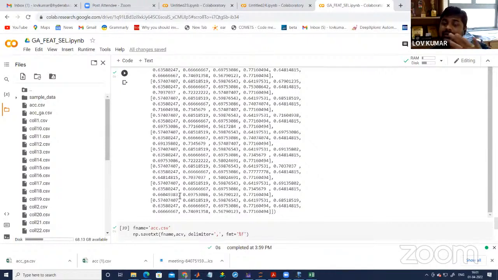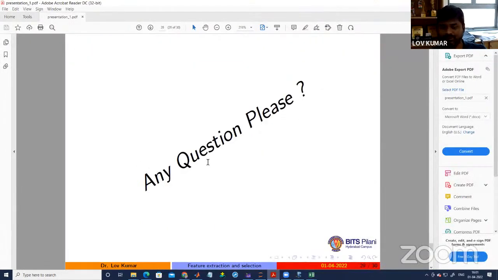There are some irrelevant features present in the original data, and we removed them using the genetic algorithm. After removing those features, the performance does not change. Whether the models are developed on 20 features or on 5 features, both come out approximately the same. That is one advantage of using the genetic algorithm.